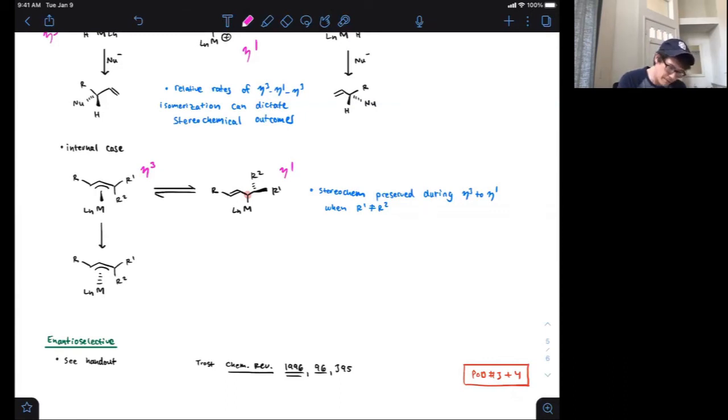So you can invert here by another molecule of your metal catalyst finding the pi-allyl and essentially bumping into it and knocking the other metal off.